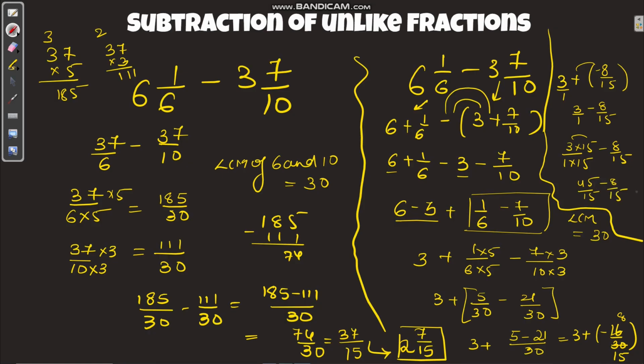If you subtract this, 45 minus 8 will be 37 upon 15. If you convert 37 upon 15 into a mixed fraction, you will get the final answer as 2 7 upon 15. So that is the same answer that you got over here.